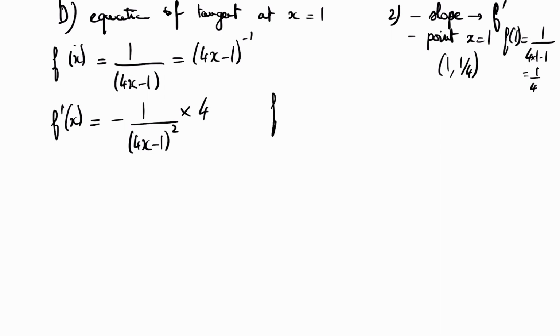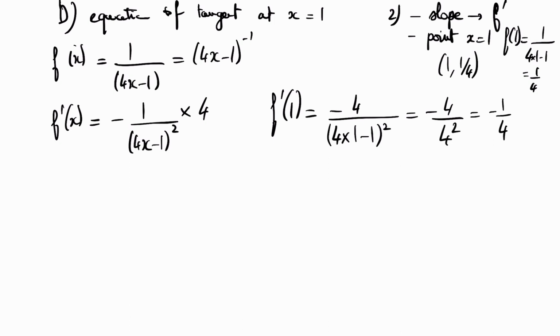So at x equals 1, f prime of 1 is equal to minus 4 over (4 times 1 minus 1) squared, which is minus 4 over 4 squared, so that's minus 1/4.